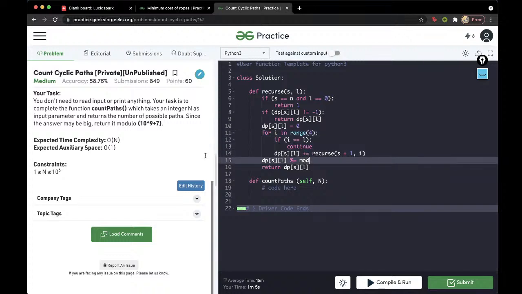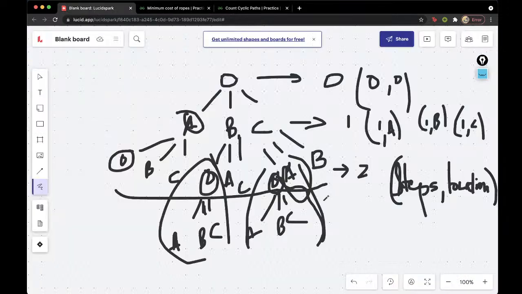So it's n into 4 into 4, which is equal to 16n. You can ignore the constant and it will be just O of n. I hope this was clear, and how you calculate the states of the DP also was clear.